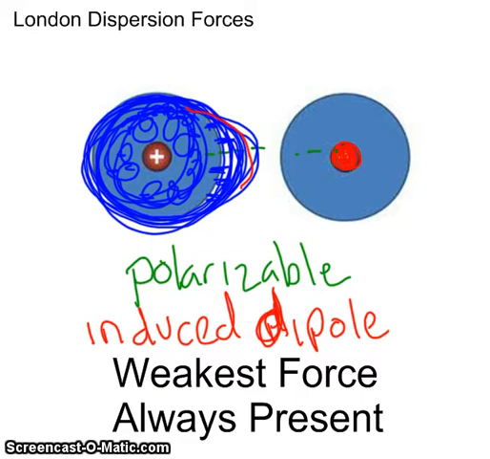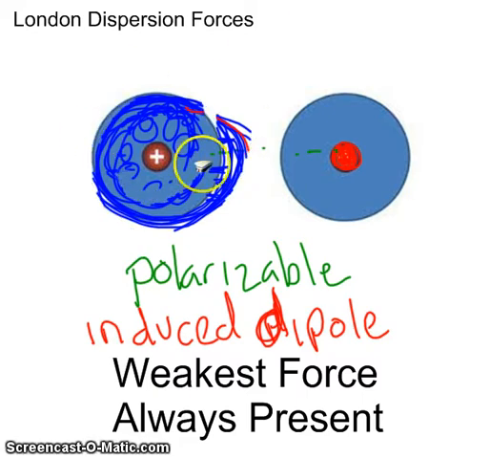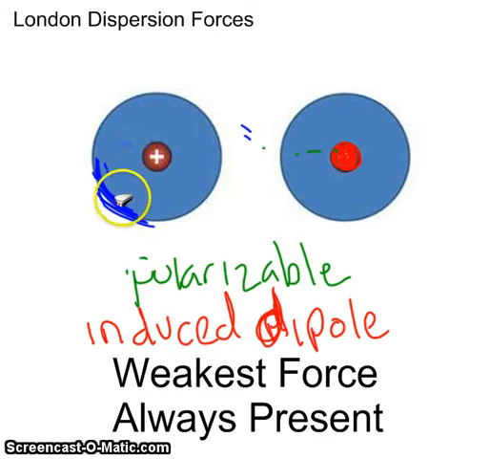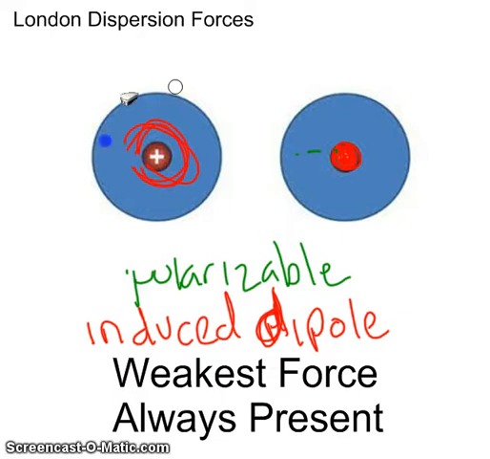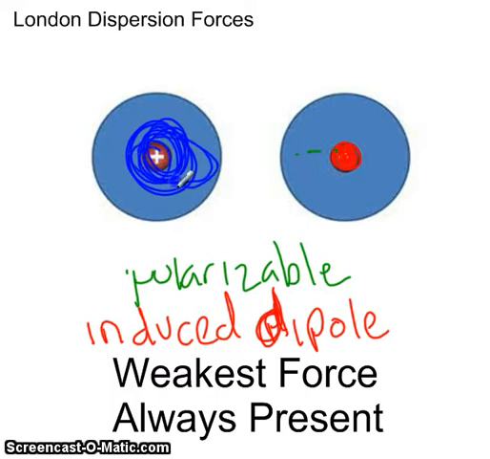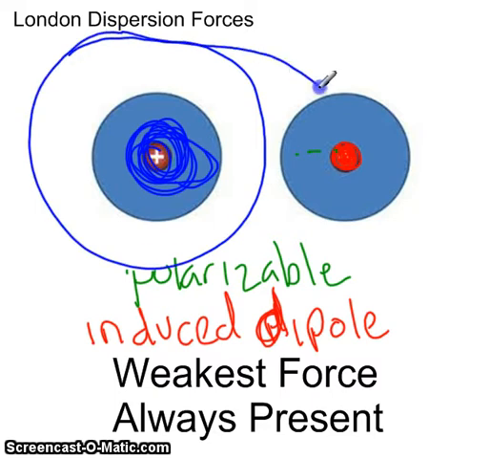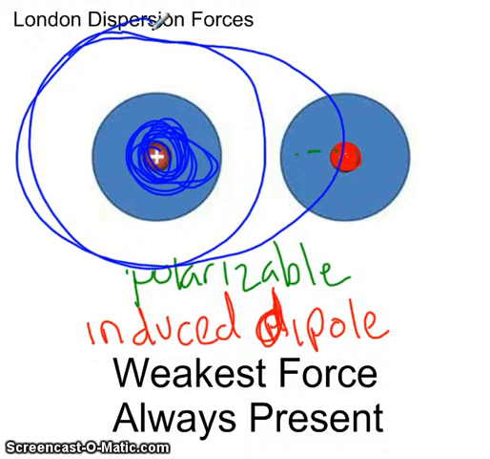If I have an atom that has a very small nucleus and a very small electron cloud, that means it can only be slightly polarizable. But if I have a whole bunch of electrons, it can be deformed even more, so it can be more polarizable. The bigger the atom, the more electrons it has, the more polarizable it is.